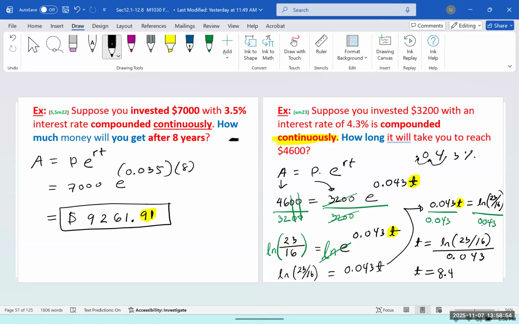You have to wait 8 years and more. So technically you console yourself saying, well, I have to wait 9 years because 8 years is not enough. You have to wait 8 years plus more. And if you have no idea how much more, just assume it's 9 years. But it's definitely not 8 years. It's more than 8 years. So realistically, you have to write 9. But depending on your multiple choice, you write whatever choice they have.